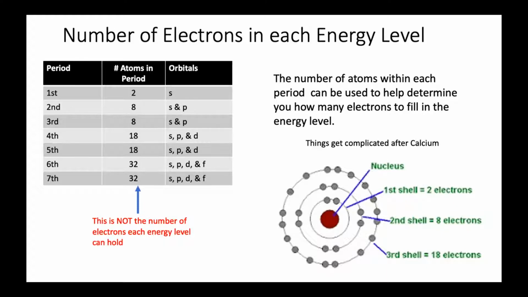Now, this isn't as cut and dry or as straightforward as it seems. Remember, we said the number of energy levels is determined by the period, and that's true. But the number of atoms in each row does not necessarily tell us how many electrons are in that period, because crazy things start to happen after calcium.